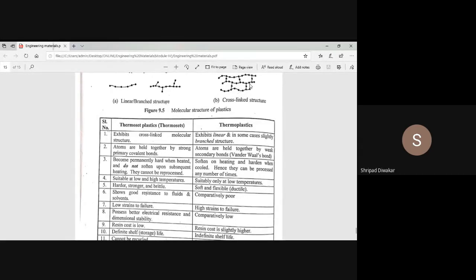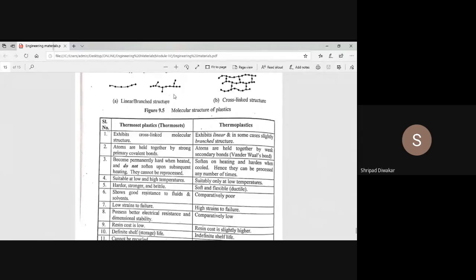Whereas thermoplastics have weak bonds; they soften easily on heating and harden when cooled. So according to heating and cooling, we can change the properties of thermoplastics. But for thermoset plastic, it is not like that.